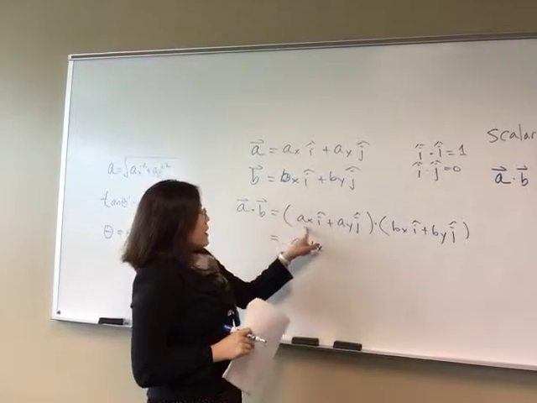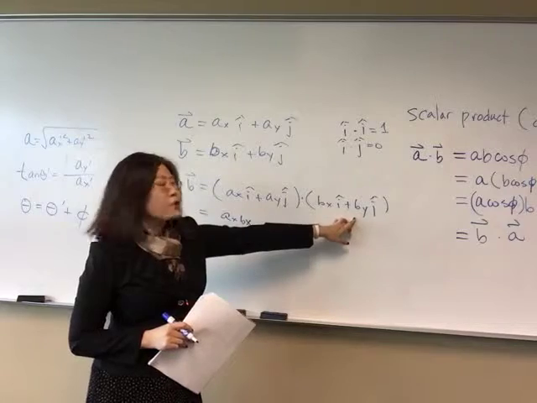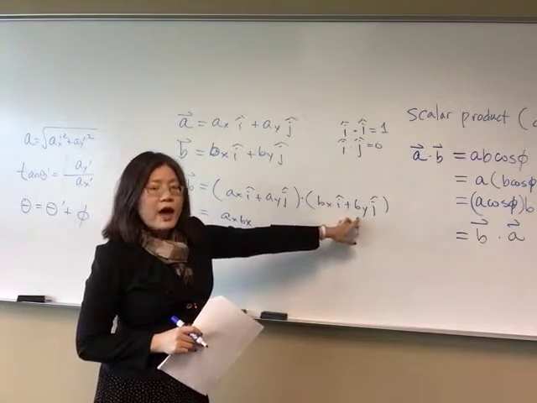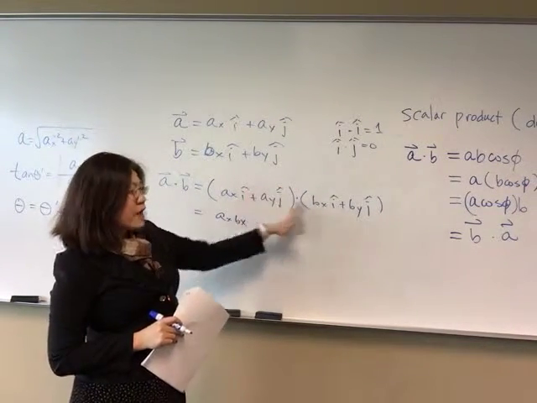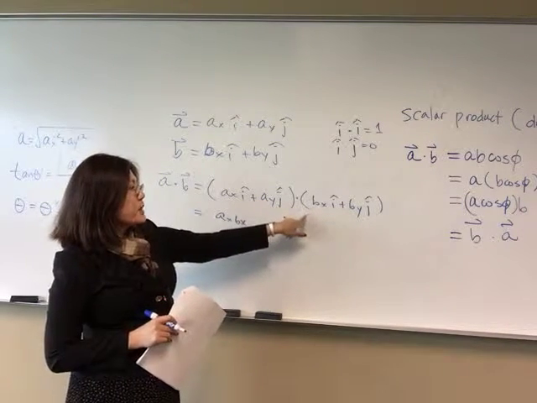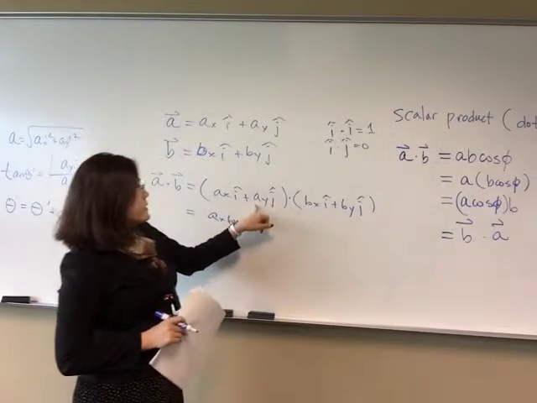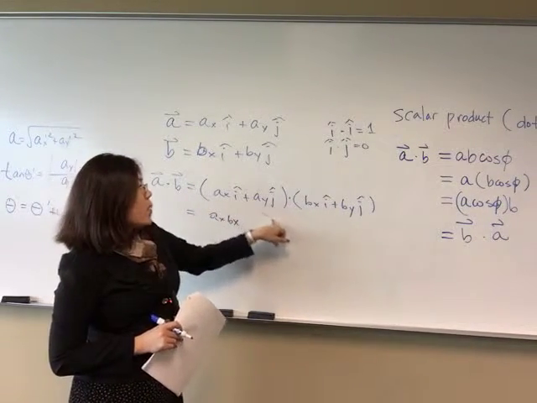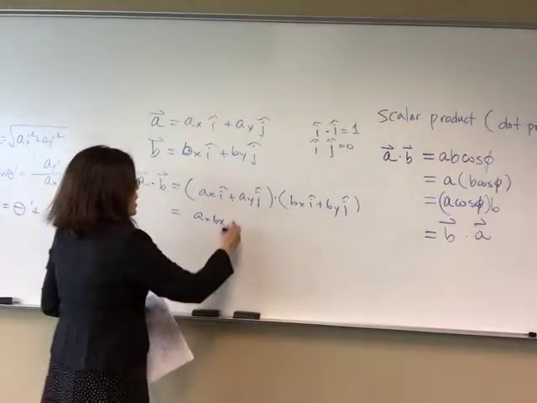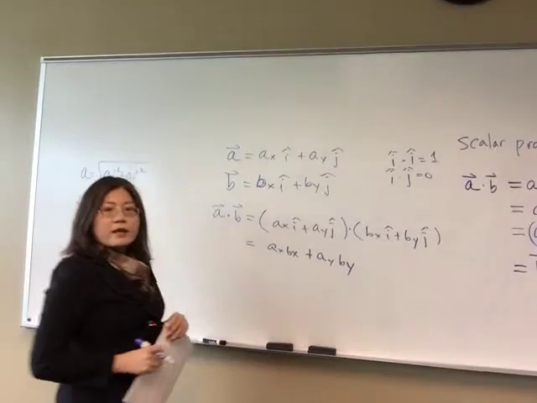Now, when you multiply AX I hat with BY J hat, I dot J is equal to 0, so that has no contribution. Likewise, for AY times BX, J dot I gives you 0. The only other term that survives is AY times BY, because J dot J gives you 1.